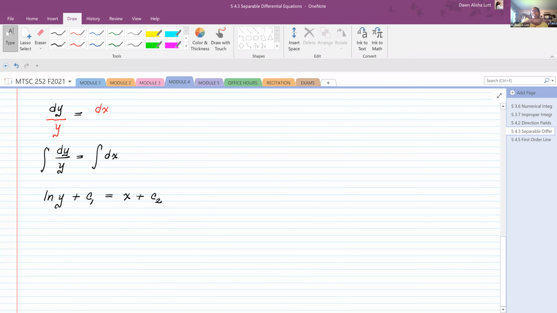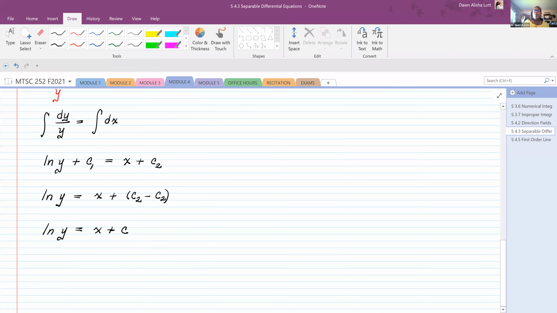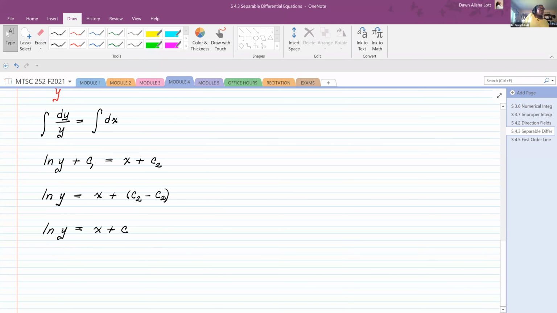So I'm just going to take that other constant and make it: the log of y is equal to x plus one constant minus another constant. So I'm just going to write it as the log of y is equal to x plus one constant. No point in carrying along two constants. So whenever we integrate both sides, we can assume the constant is on one side.